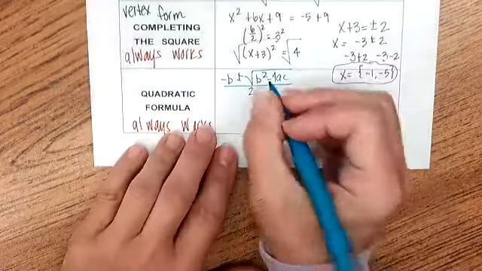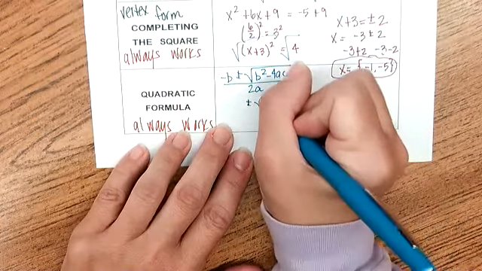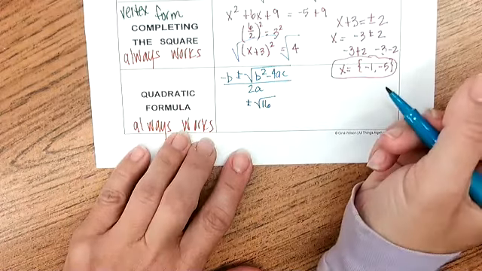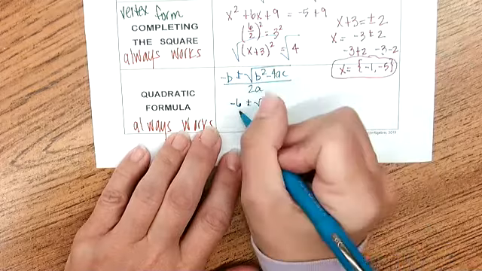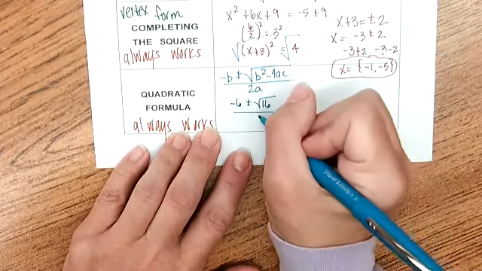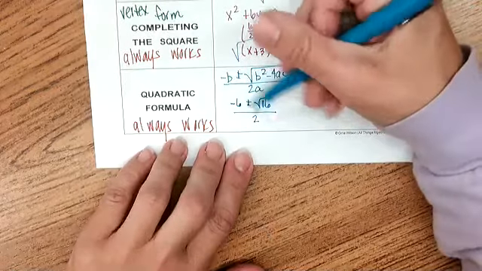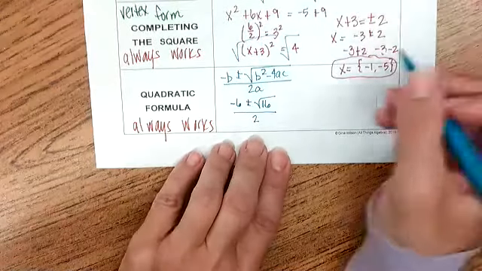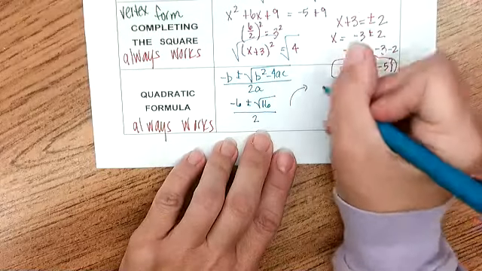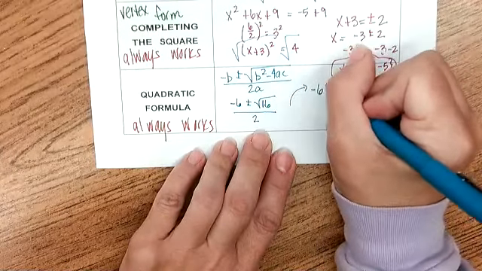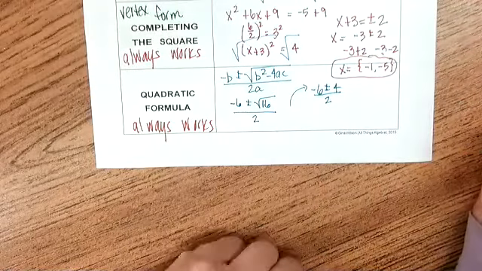Fantastic. I'm not going to redo it. Opposite of b is negative 6. 2a is 2. You cannot reduce negative 6 over 2. No. You've got to take care of the root first. So this is negative 6 plus or minus the square root of 16, which is 4, over 2.